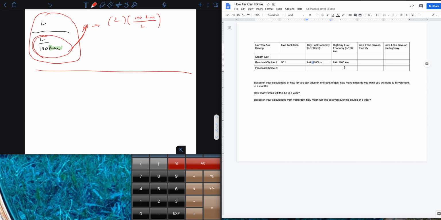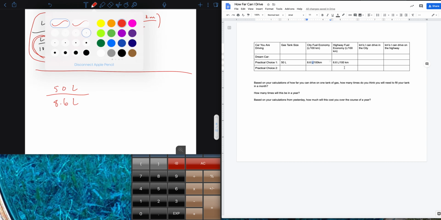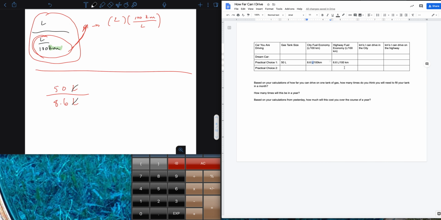All you have to do in order to do this is take your 50 liters and divide it by 8.6. Then these liters are going to cancel, because they're in the numerator and denominator, opposite, right?